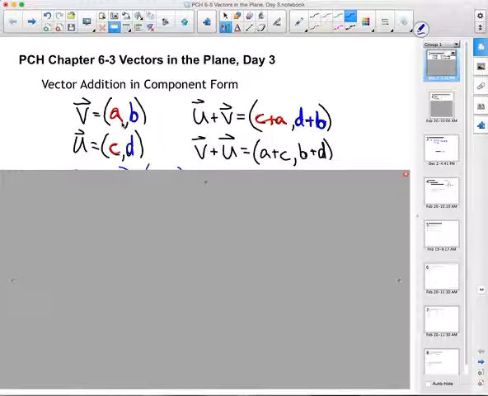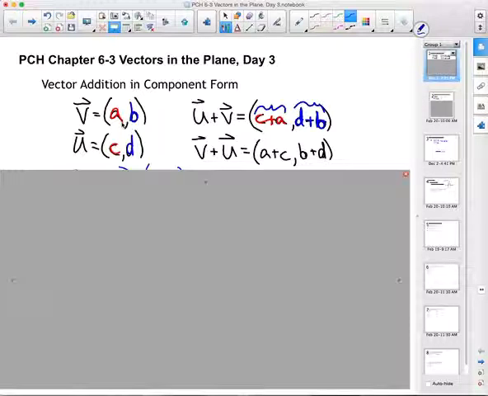Okay? If I wanted to prove that vector addition was commutative, I would start with two generic vectors like this with variables, not specific numbers. And then I would ask, what's u plus v and what's v plus u? So I can see here, u plus v is c plus a, d plus b. V plus u is a plus c and b plus d. Okay? However, these right here are constants, and they're just real numbers.